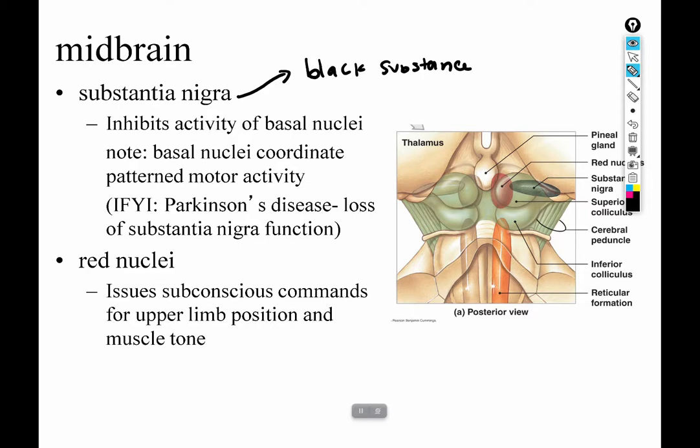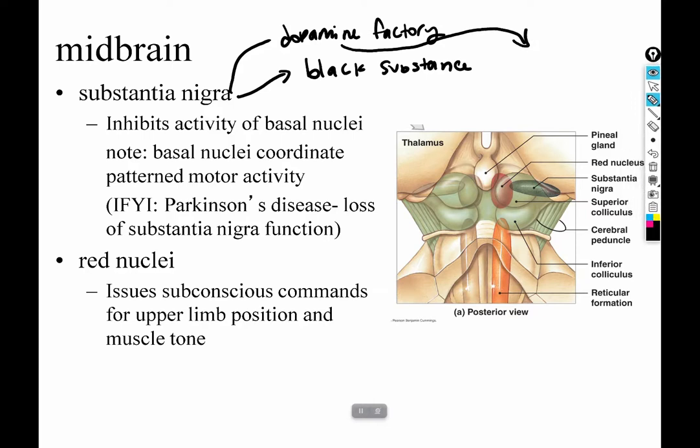So the substantia nigra is an important dopamine factory. And one of the reasons that it looks black is because dopamine and melanin are on a similar and related biosynthetic pathway.